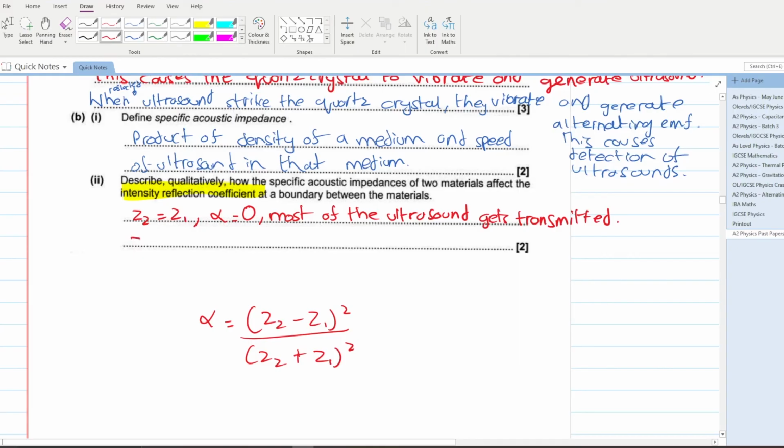However, if the difference between Z2 and Z1 is very large, then alpha approaches 1, and most of the ultrasound gets reflected.